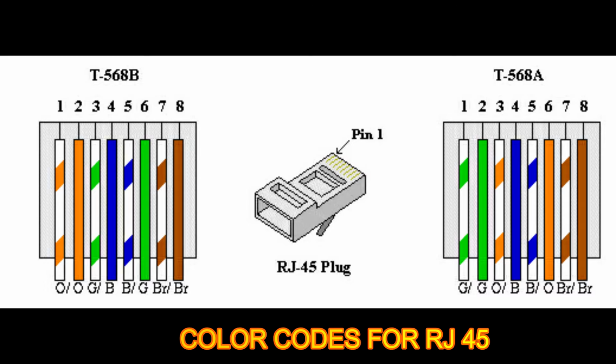And for 568B, it follows the order from white-orange, orange, white-green, blue, white-blue, green, white-brown, and brown. So those are the two sets of colors that we can use in making an Ethernet cable.